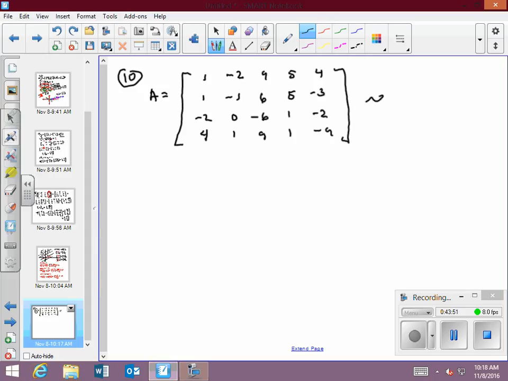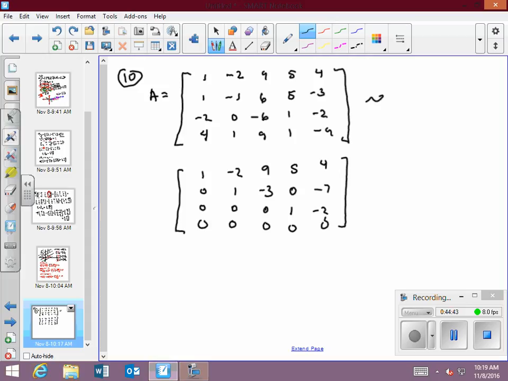And then they're giving you this one. And when they want the column A, the way you do it is when you get it in echelon form, you find your pivot.